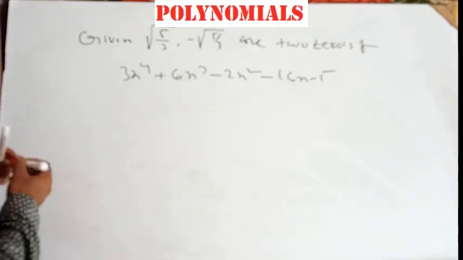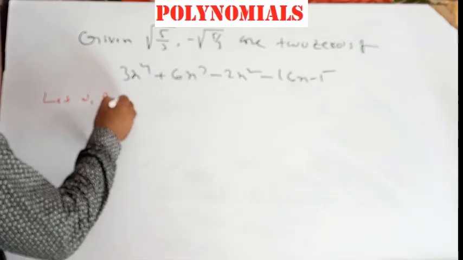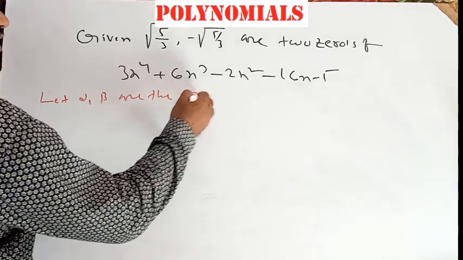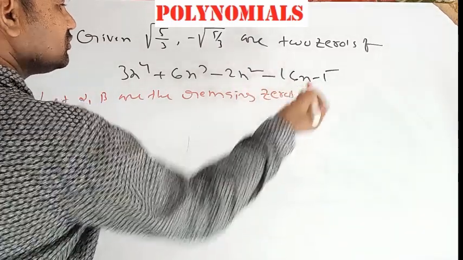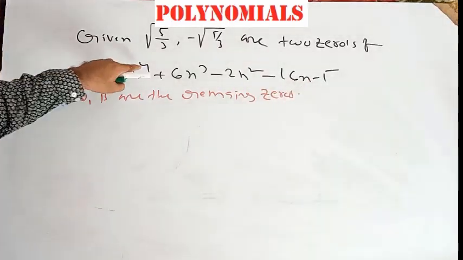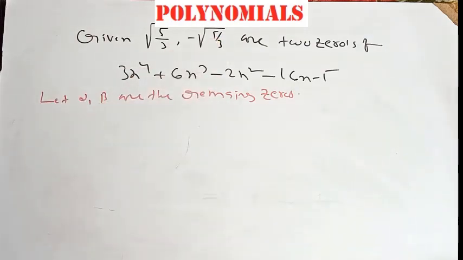Okay, same procedure. Let alpha and beta be the remaining zeros. Fourth degree polynomial: alpha, beta, gamma, delta, S1, S2, S3, S4. By using any two of them, you can solve the problem.